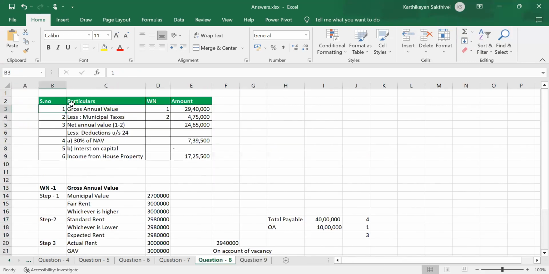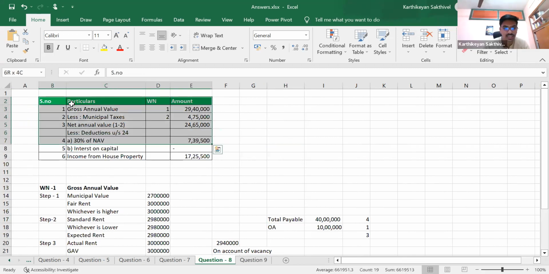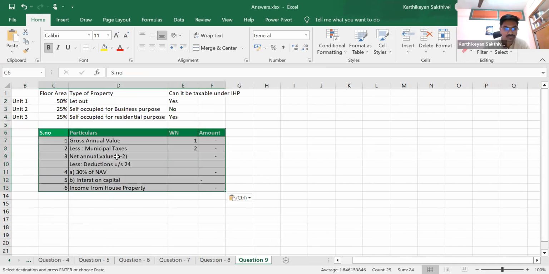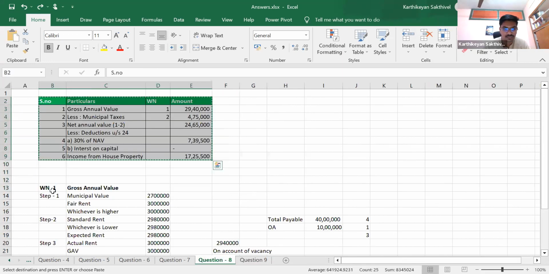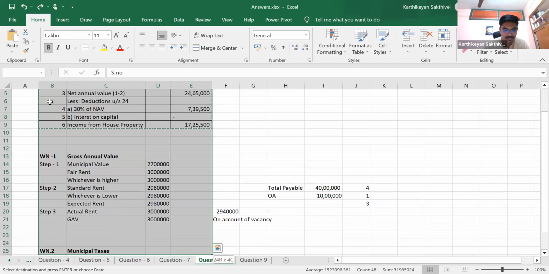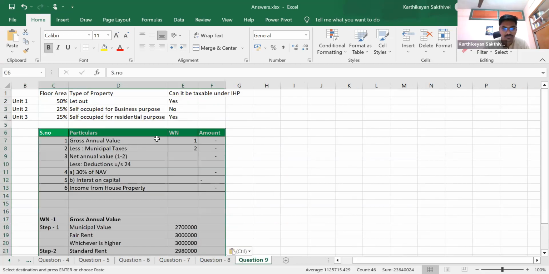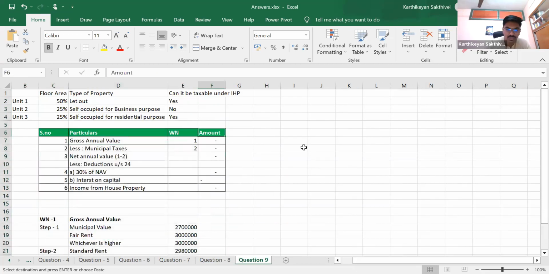Fantastic. Now let us take the same workings. This will do it for Unit 1, Unit 2, total, right?